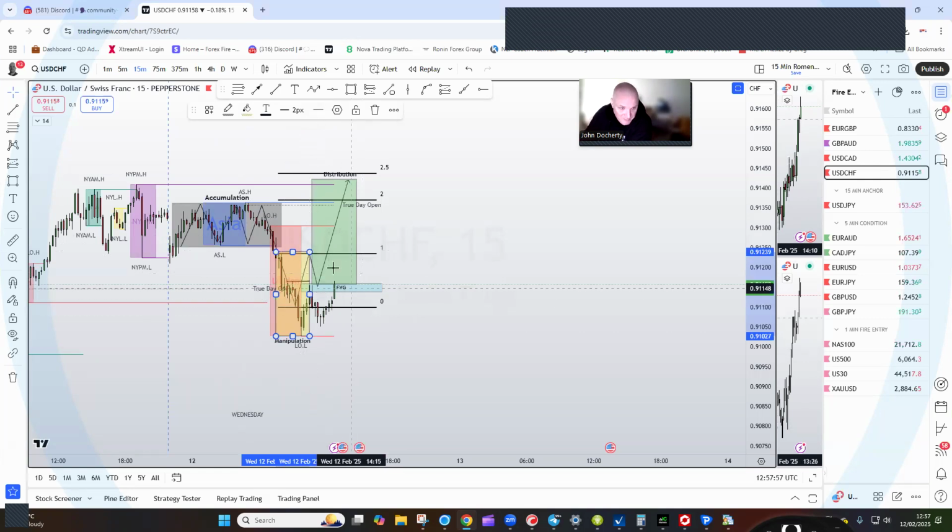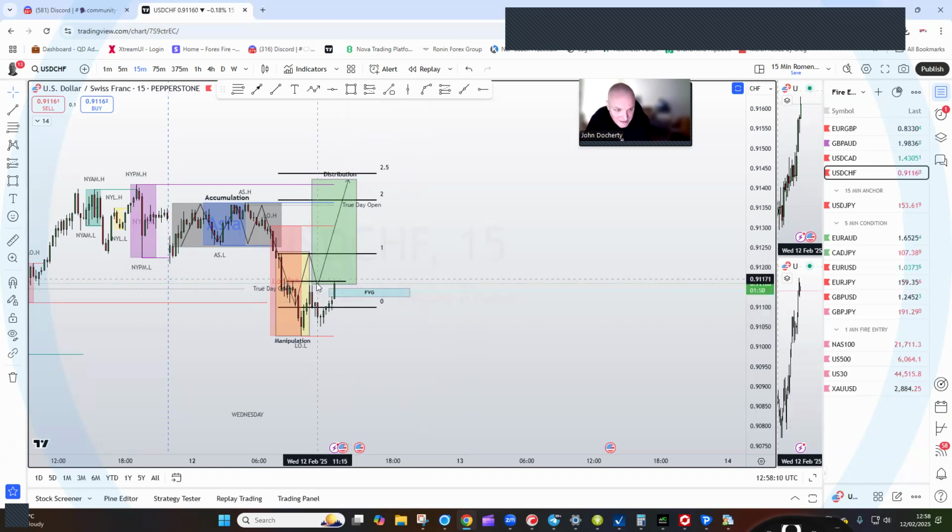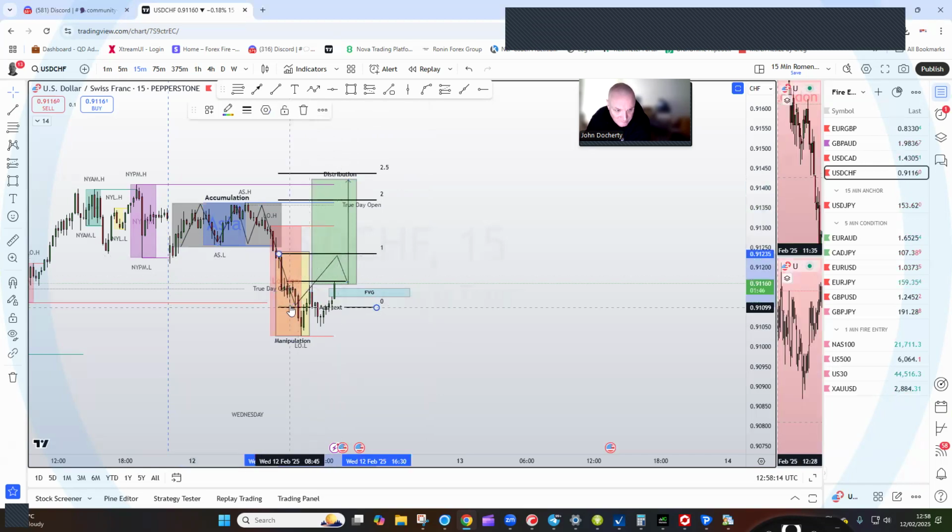We're coming back up, and I think this may be too early to be fair. However, there could be the start of a fair value gap starting here. Is there a market structure shift? Not quite. We obviously need price to push above this here, okay?